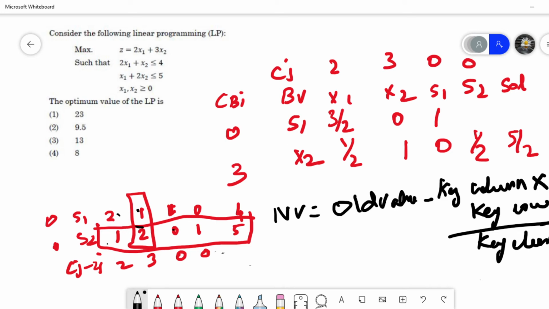Then the next element is 0. So 0 minus the corresponding key column value is 1, the corresponding key row value is 1 by key element 2. So which is minus 1 by 2.